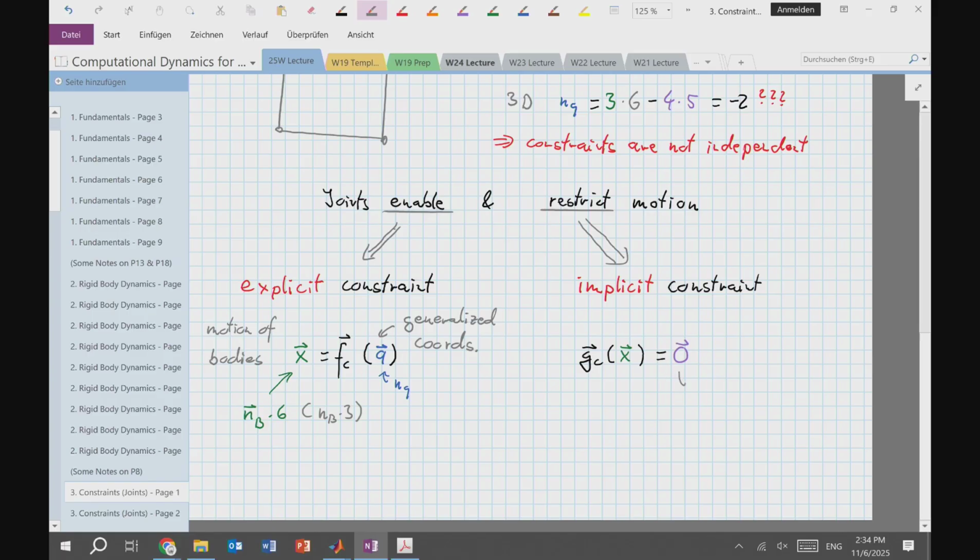So this is my constraint equation. And the number of zeros, or the number of elements in the 0 vector, is equal to nc, the number of constraints. nc constraints, nq motion primitives.